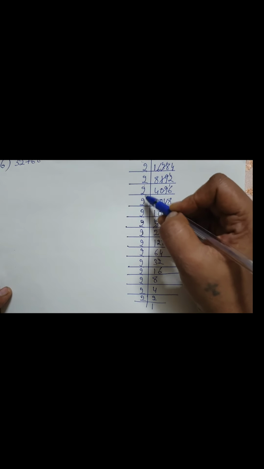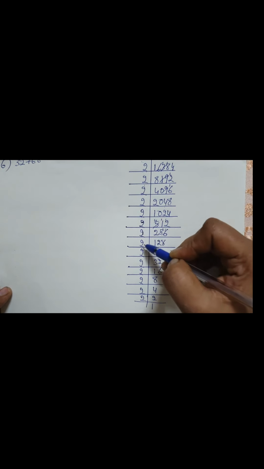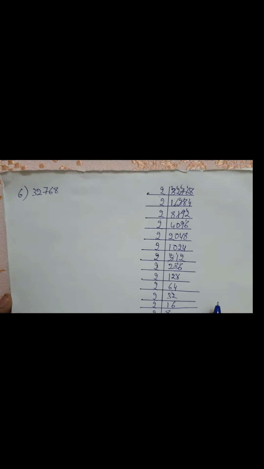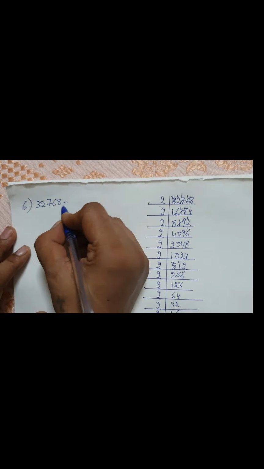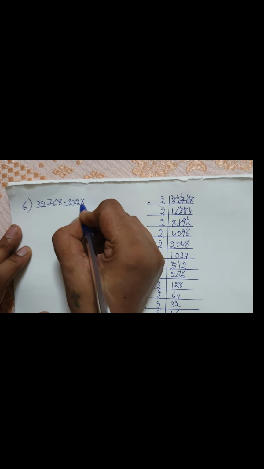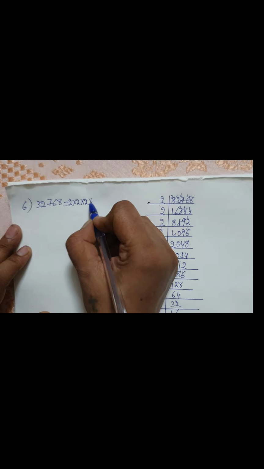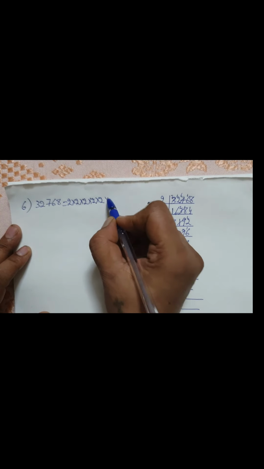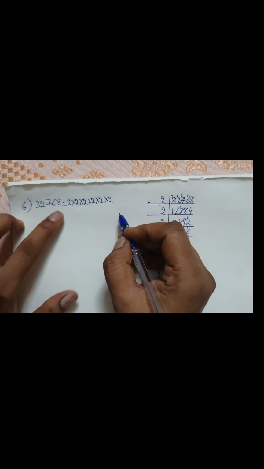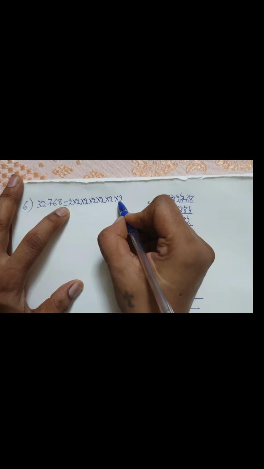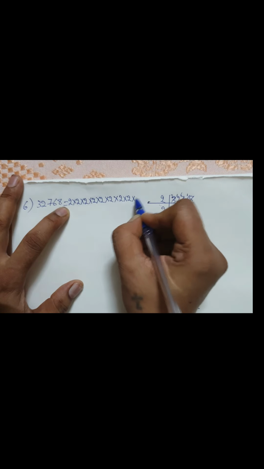1, 2, 3, 4, 5, 6, 7, 8, 9, 10, 11, 12, 13, 14, 15. So we will write these numbers here. 1, 2, 3, 4, 5, 6, 7, 8, 9.